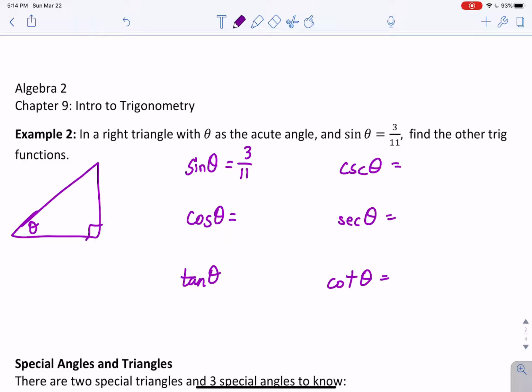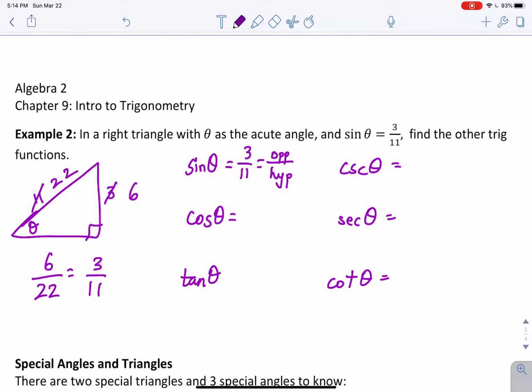I know that the sine is 3 over 11, and that's the opposite over the hypotenuse, which means the opposite side could be 3, and the hypotenuse could be 11. It could also mean that the opposite is 6, and the hypotenuse is 22, because 6 over 22 reduces to 3 over 11.